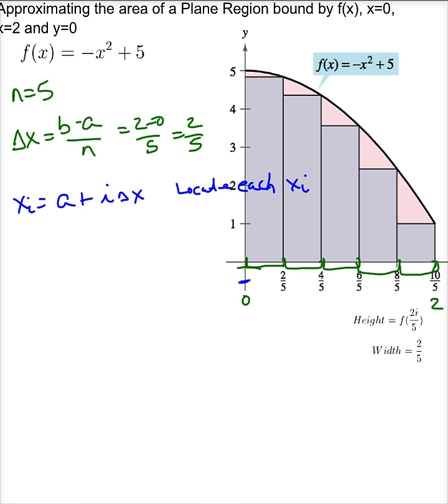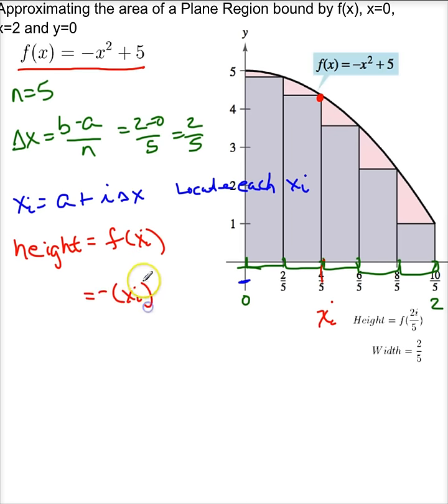Now the third thing you need to know is the height of the rectangle. How tall is any given rectangle? Well, in this case, I'm going to evaluate it at x of i. So the height of my rectangle is a function evaluated at x of i. For this case, this is my function: minus x of i squared plus 5.